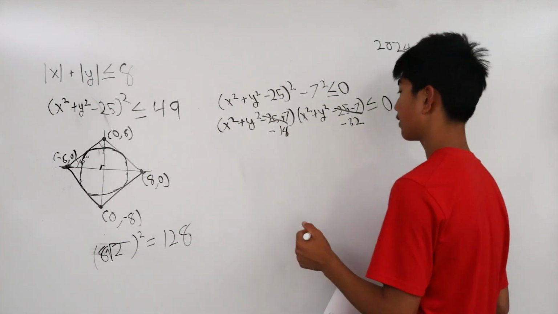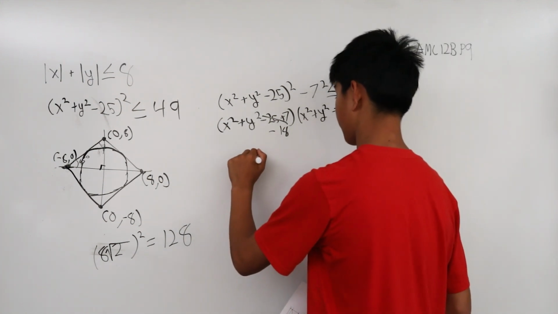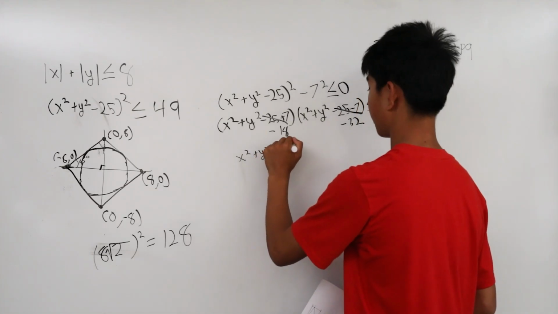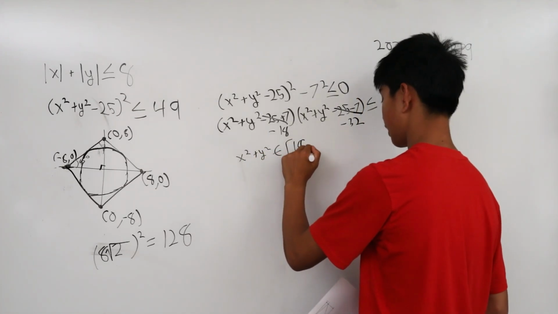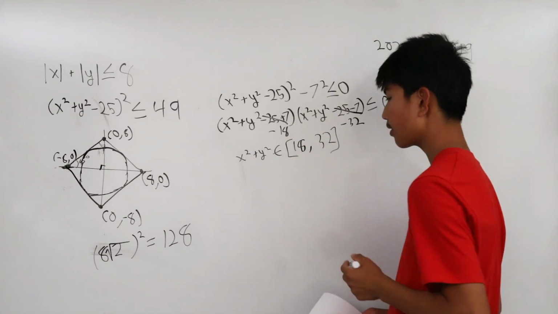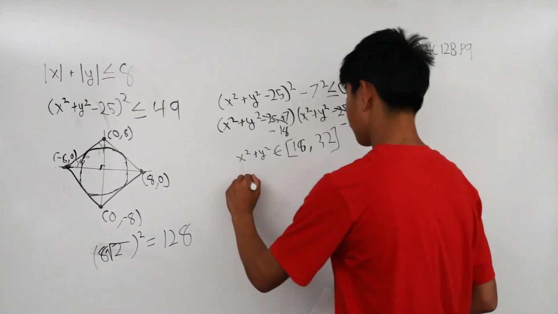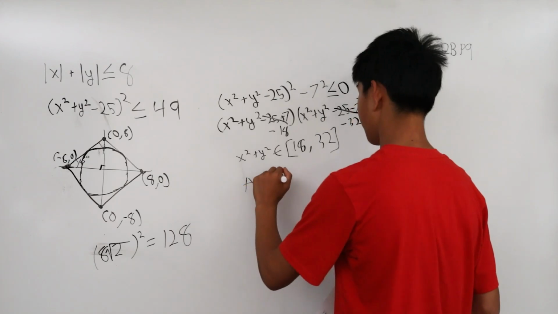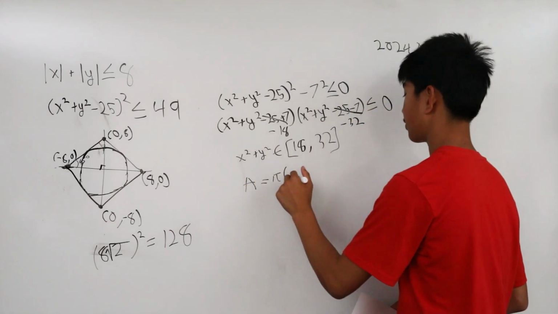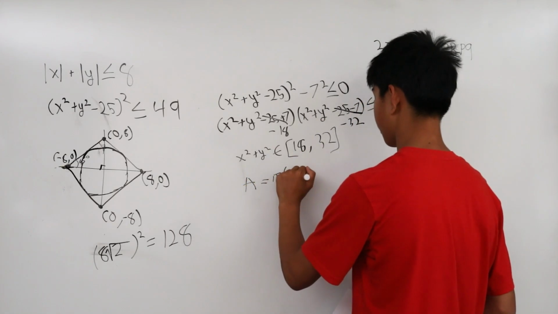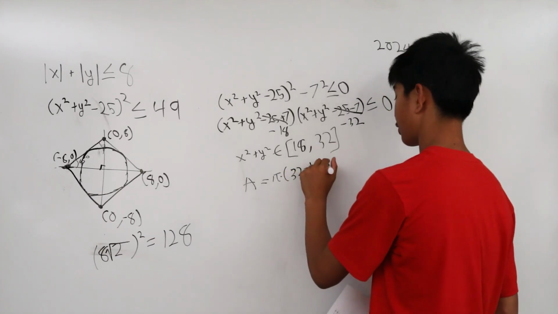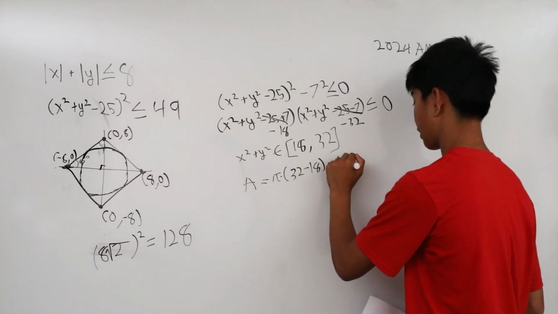So we then get that the value of x squared plus y squared has to be in the bounds of 18 and 32. Therefore, the area of this figure would simply be pi times the difference of these two numbers. So 32 minus 18 is 14, so the area is 14 pi.